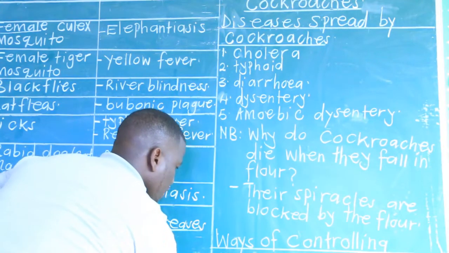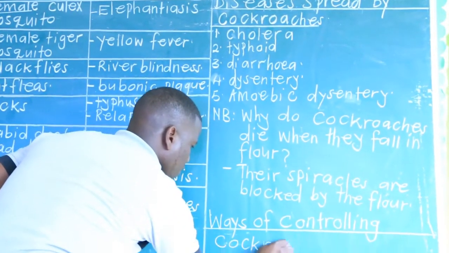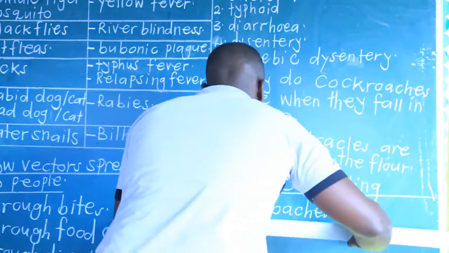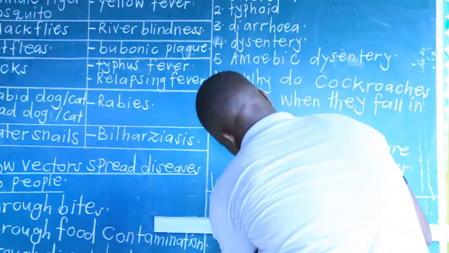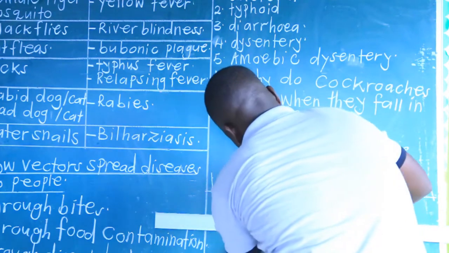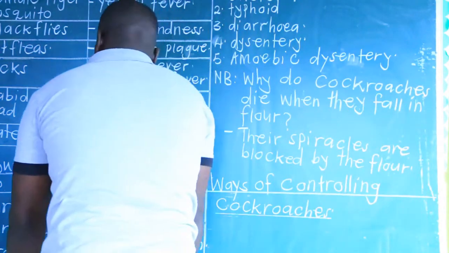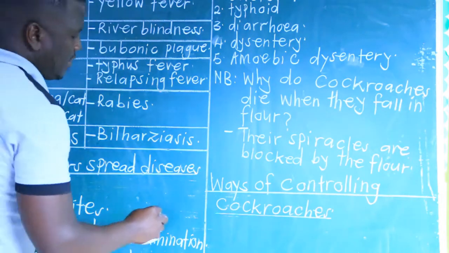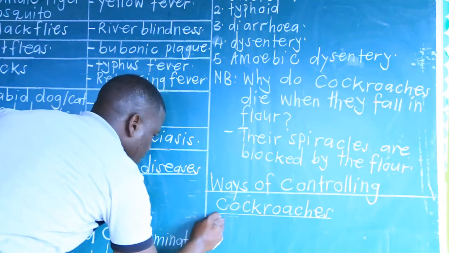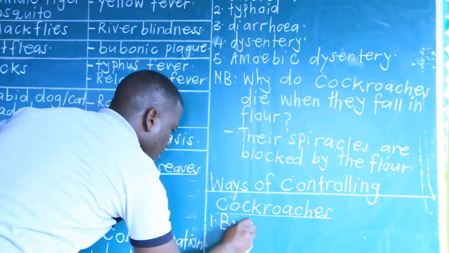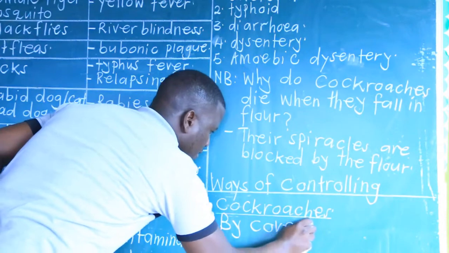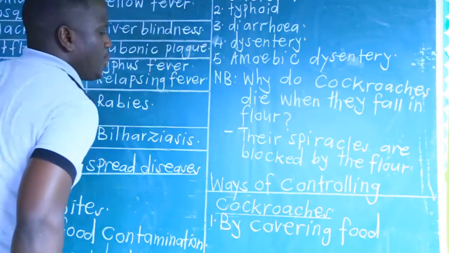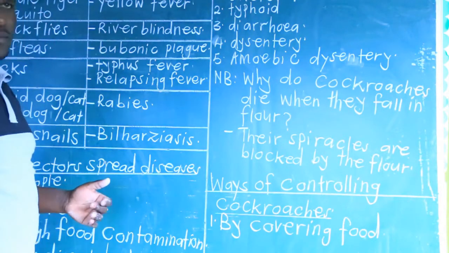We have different ways of controlling cockroaches. One is by covering food. When you cover food, you prevent cockroaches from spreading germs on the food.